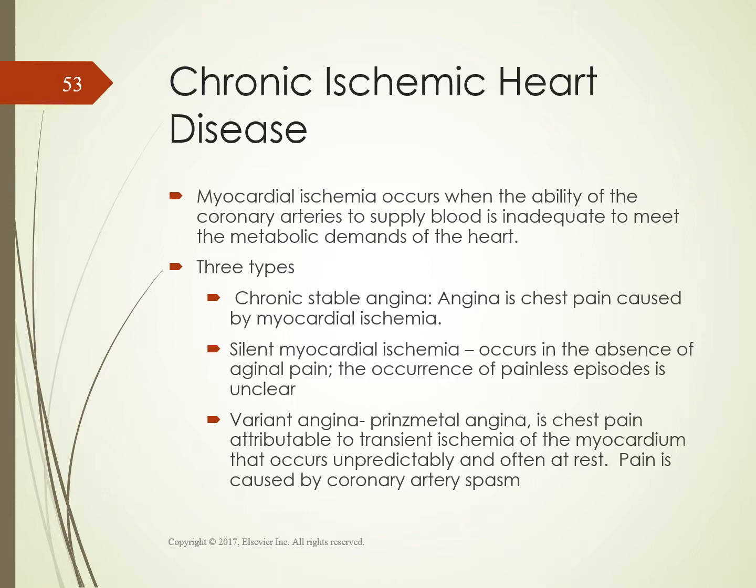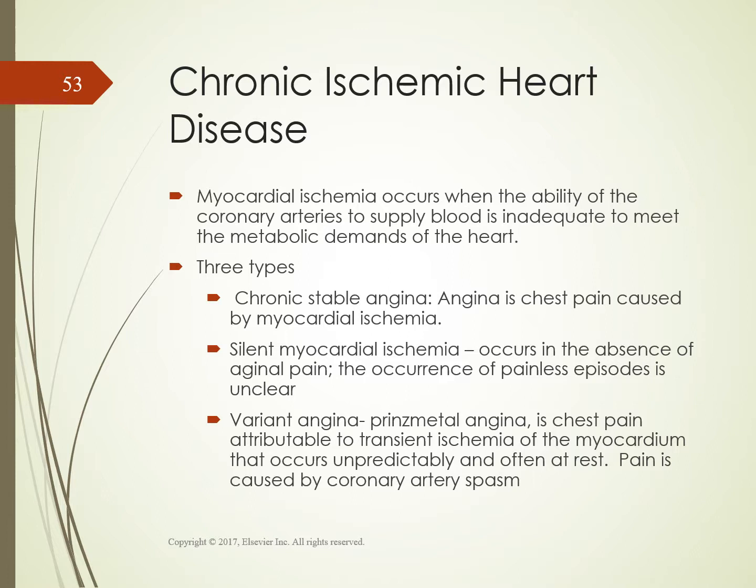The pain is caused by the buildup of lactic acid and abnormal stretching of the ischemic myocardium that irritates myocardial nerve fibers. Diagnosis is based on HPI, risk factors, ECG, echo, CT, cardiac MRI. Treatment is usually symptom reduction and prevention of MI.